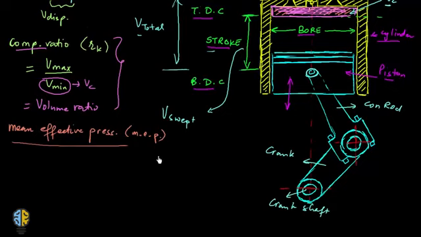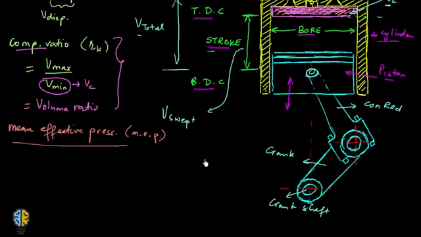It is basically a hypothetical pressure that can be calculated from the indicator diagram. We will talk about the indicator diagram in the next video. It is a theoretical pressure that, if it acted on the piston during the entire power stroke, would produce the same amount of net work as that produced during the actual cycle.